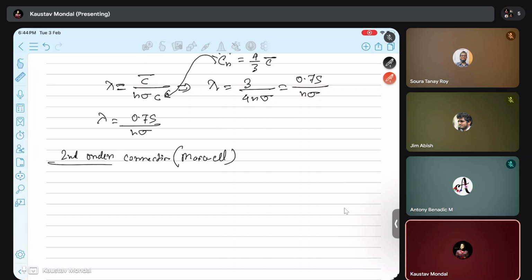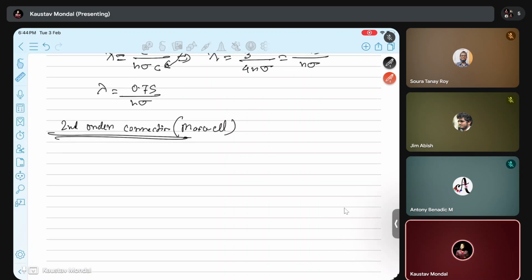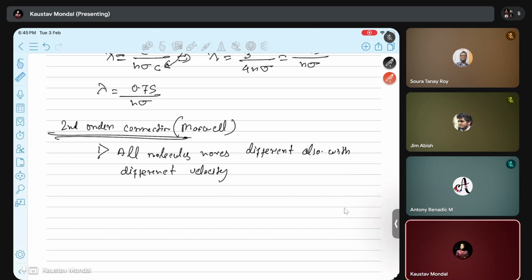In that case, what he has considered has elements from the first order also. So all molecules move in different directions, that is there, and also with different velocities.